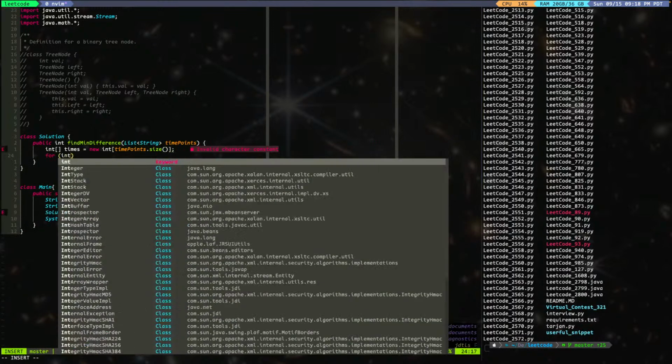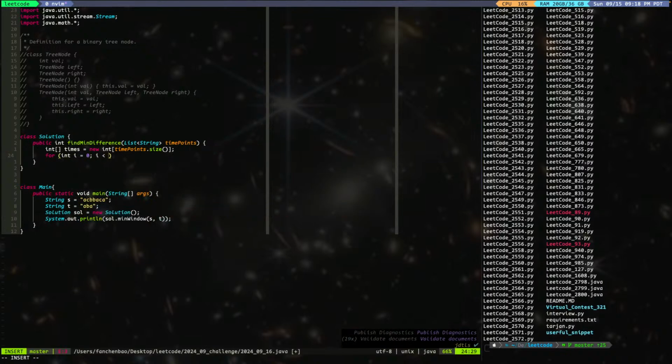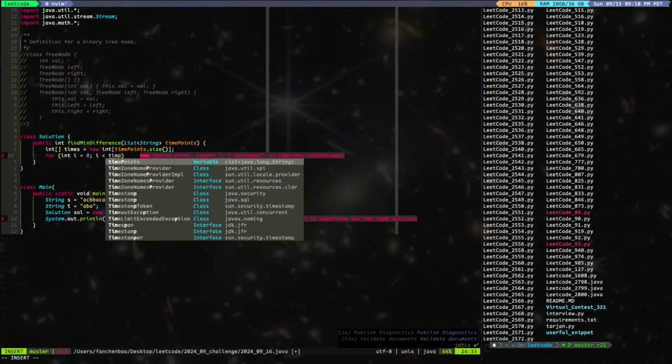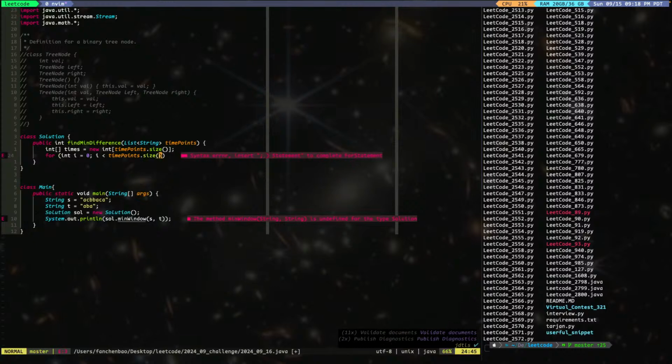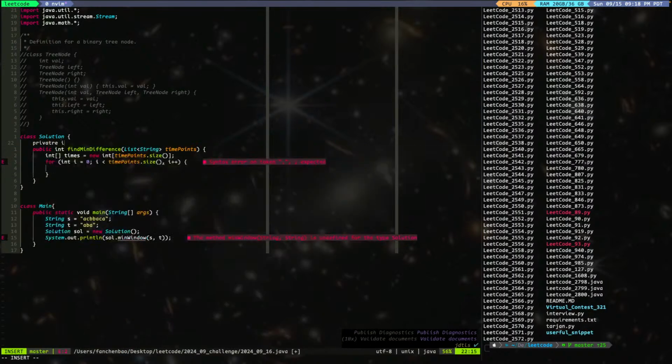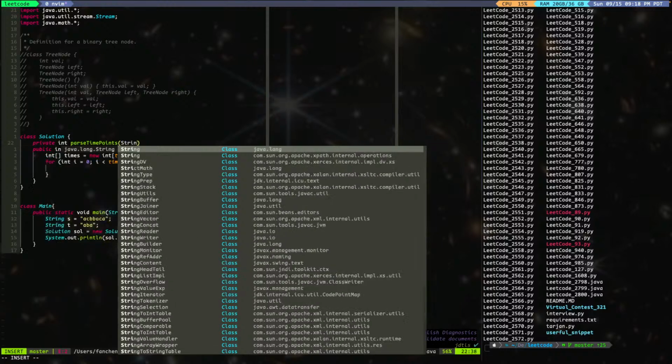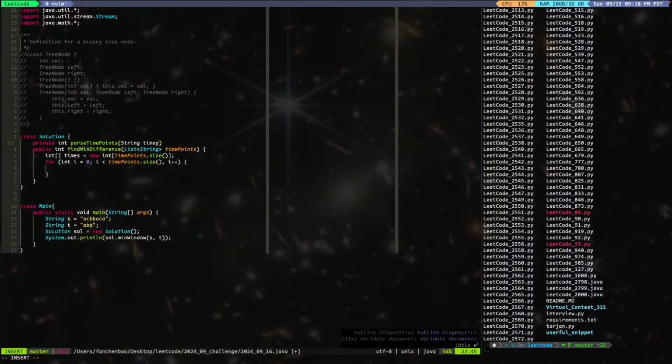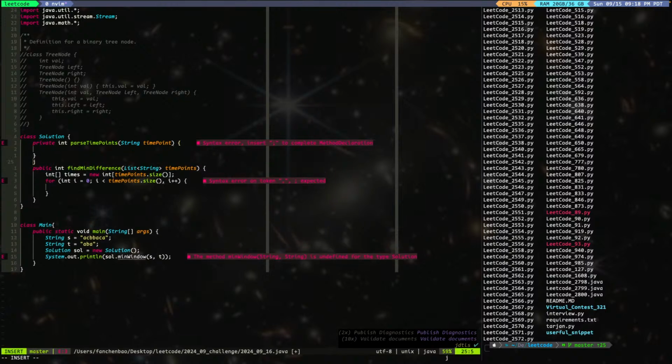Then for int i = 0; i smaller than time points size; i plus plus. We'll have to parse it. I'll probably write a private int parse time points, so I'll pass a time point and I'll return an integer.